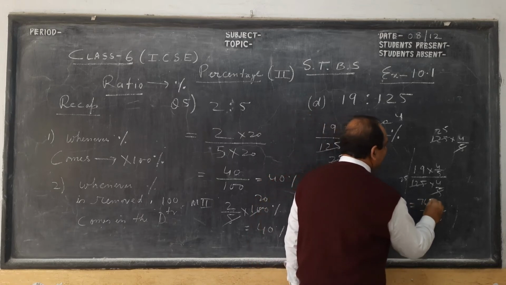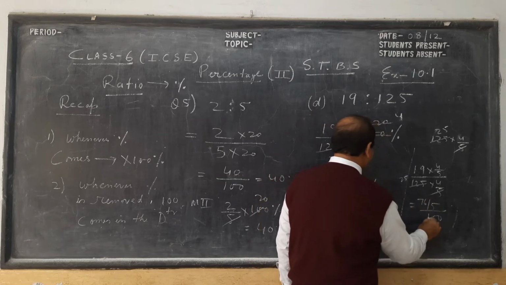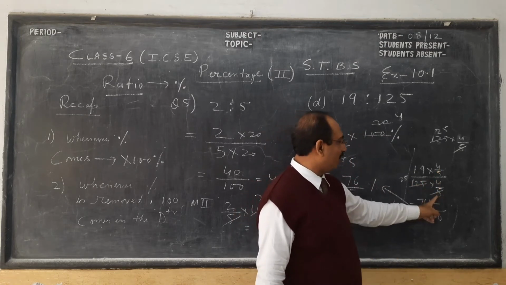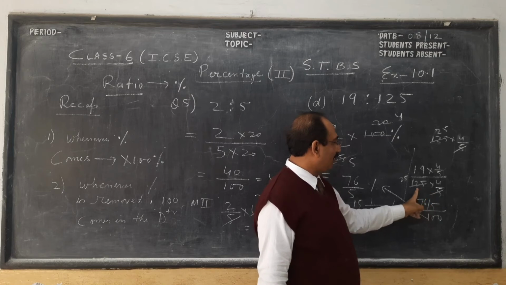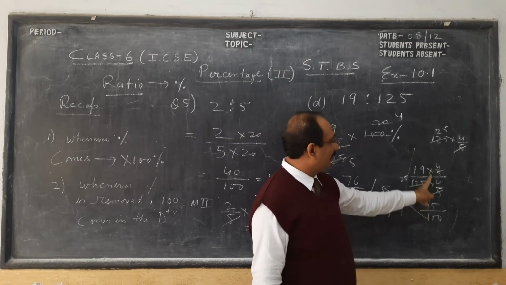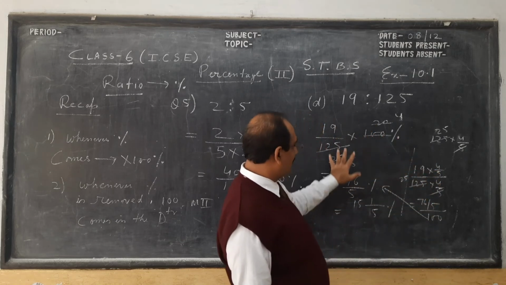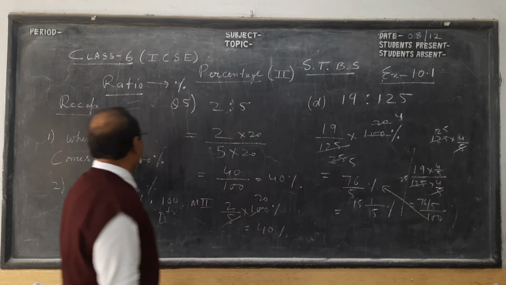Same thing, children. Once more, this is a little hard for you: 4 by 5 will make the denominator 100, and you multiply the same with the numerator. I told you this is hard. Therefore, I have done it in this method where we bring percent.